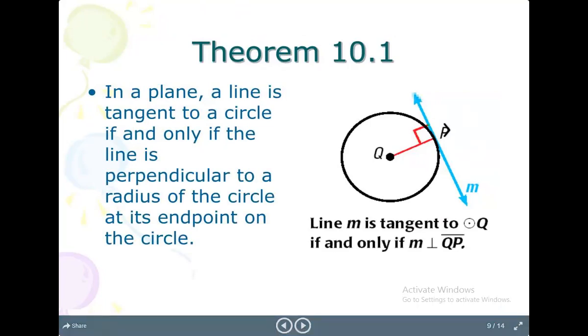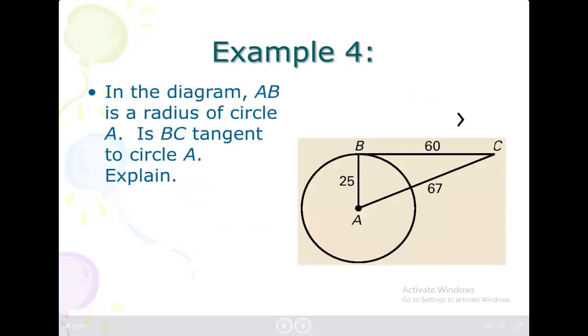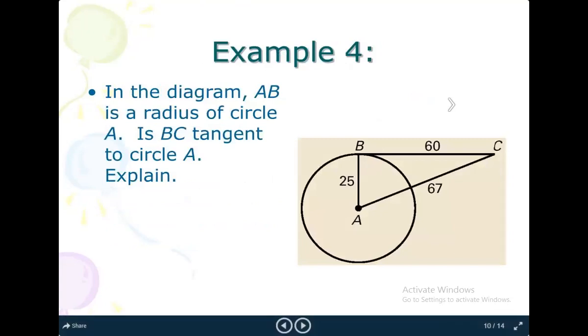So once we have a tangent and a radius, we know that QP will be perpendicular to line M, and the angle between them should equal 90 degrees. Then the tangent intersects the radius, and they form a right angle.